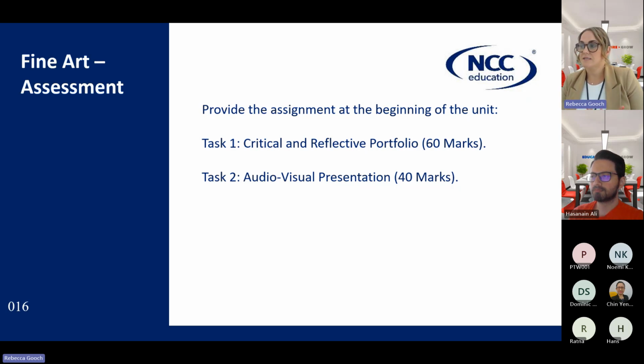Key factors here when we're looking at the marking and assessment of task 1: we're looking at the evaluation and thoroughness of the accuracy of the glossary, assessing the depth of the critical thinking and analysis in the developmental journal, and reviewing the quality and relevance of the visual examples and accompanying reflections as well.